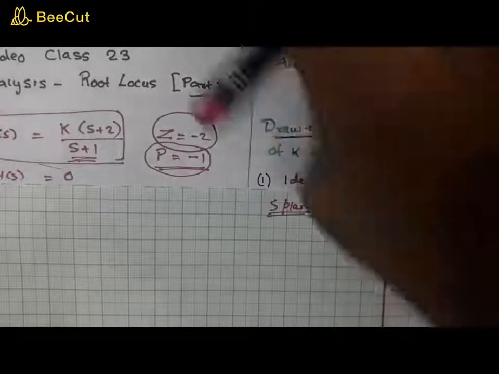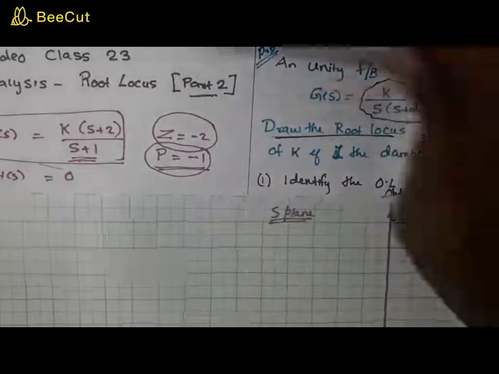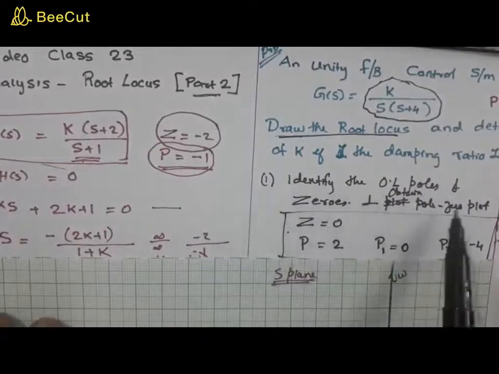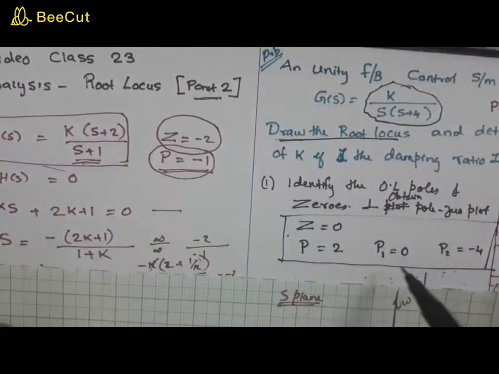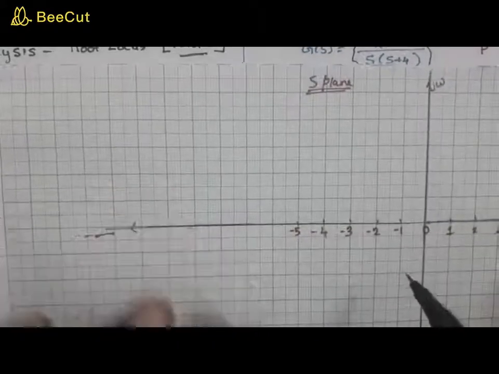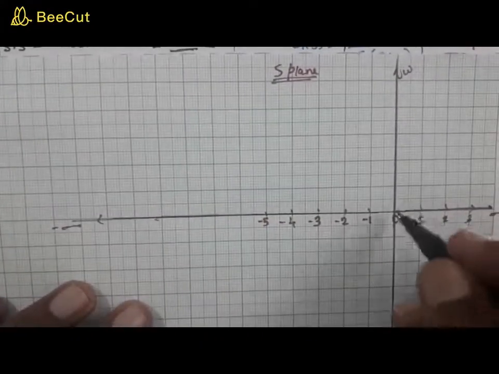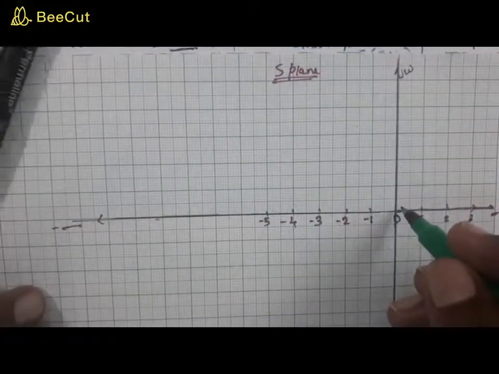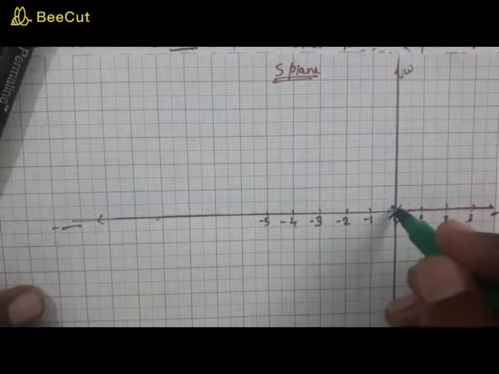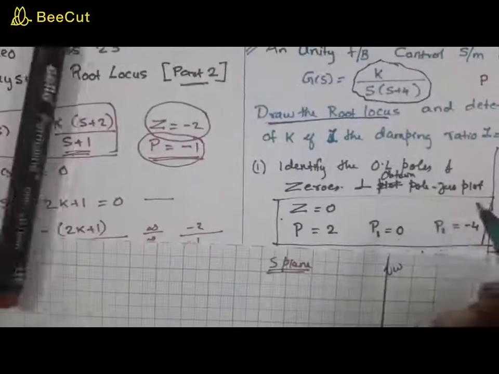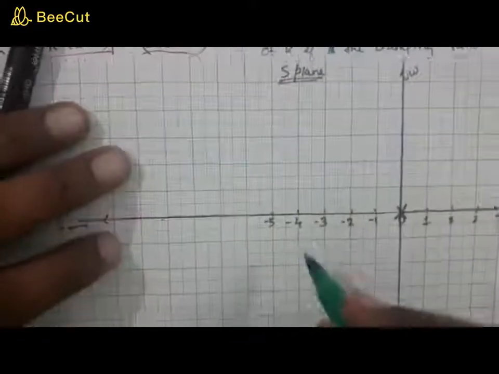That's the first step: identify the open loop poles and obtain the pole zero plot. Now you have a pole at 0 and a pole at minus 4. Poles are usually marked by a cross sign, and at minus 4 you have another pole.